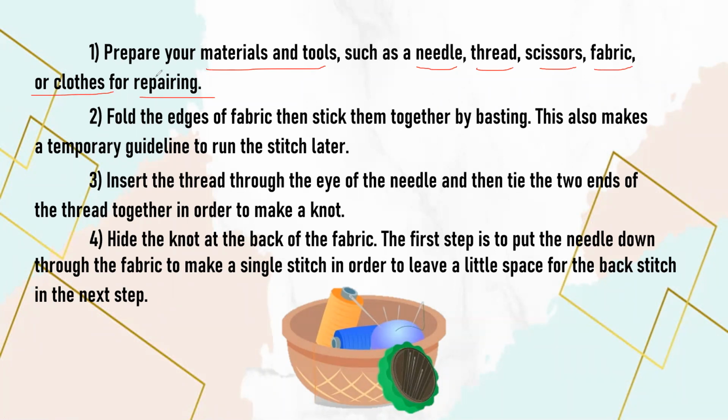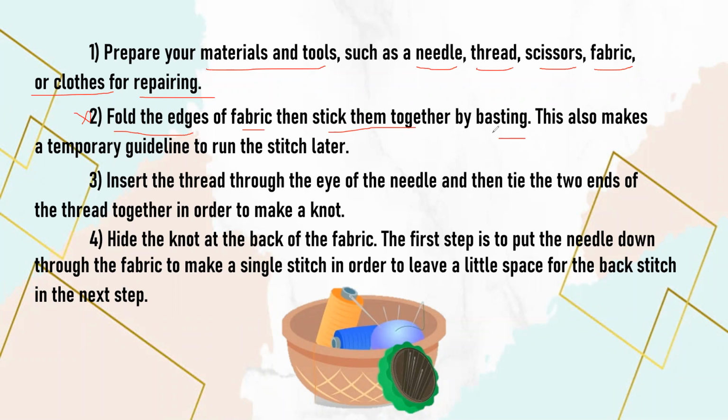So what are the steps we have to follow? After that, the next step, number 2, fold the edges of the fabric, then stick them together by basting. What we're going to do is fold the edges, the inside of the cloth or fabric.